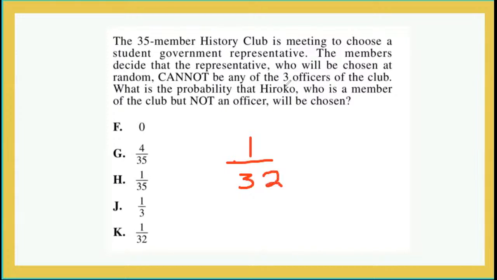So the probability that Hiroko will be chosen is 1 out of 32, which is K. So once again, the probability is the ratio, the fraction of what you're looking for, your desired outcome, that's your top of the fraction, your desired outcome over the total possibilities of outcome. Okay, let's go on to the next question of the day from this past week.